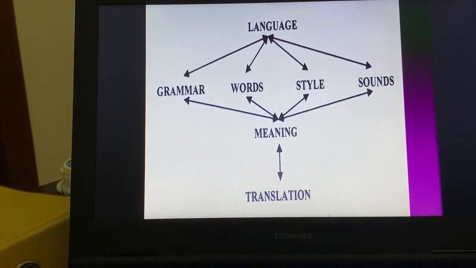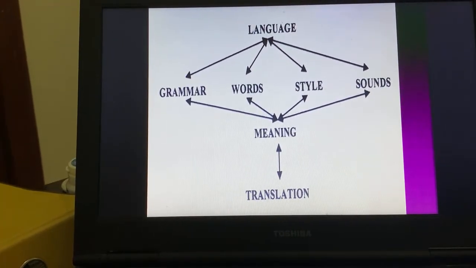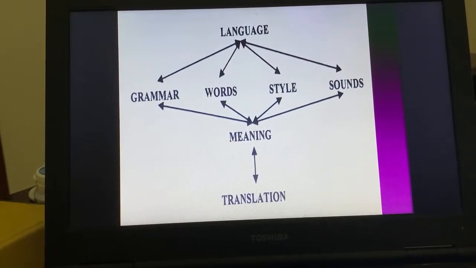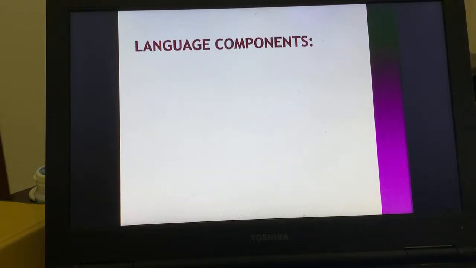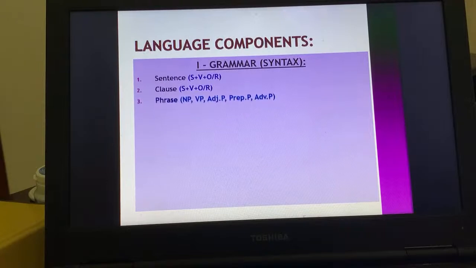We said that it is the language, and the language has grammar, word, style, and sounds. And then after that, of course, we moved on to the components, and in the components we looked at the sentence, which is subject, verb, object, clause, also subject, verb, object, and then phrases.